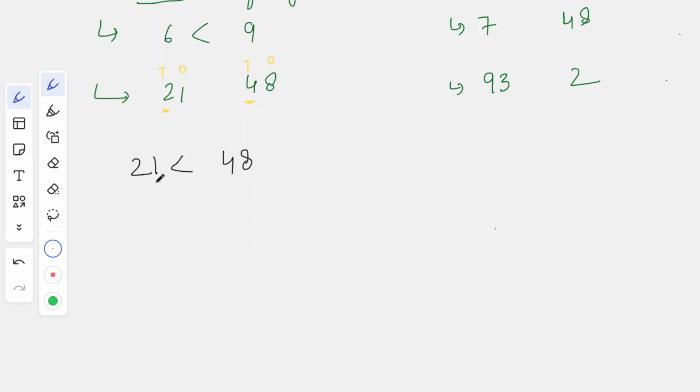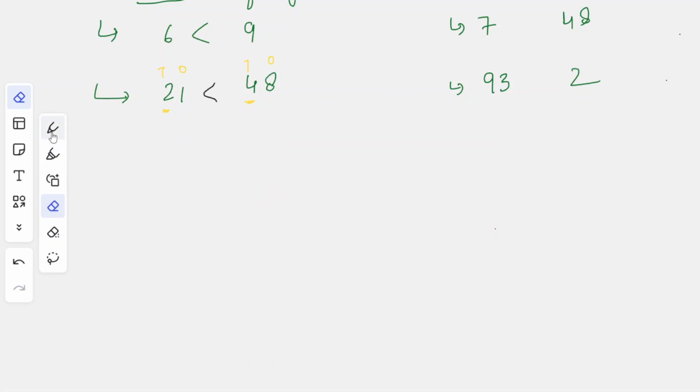Okay, so 48 is greater than 21, or you can say 21 is smaller than 48. Okay, now let's suppose if it was written like this. Then we would have put the sign like this. So be careful with the sign.